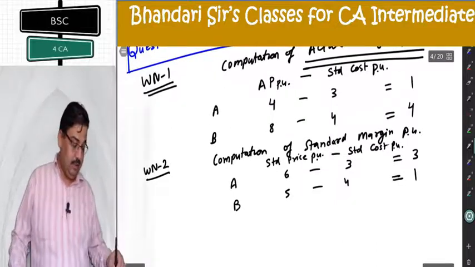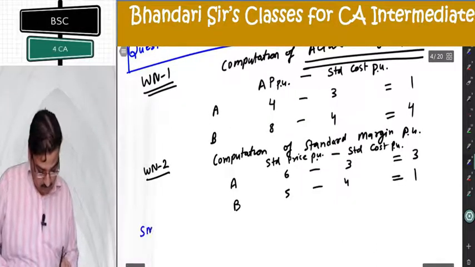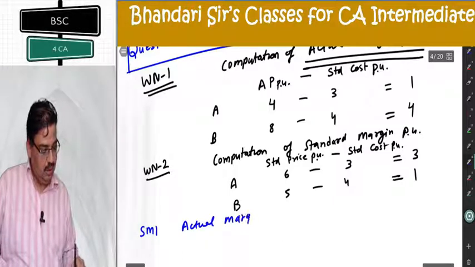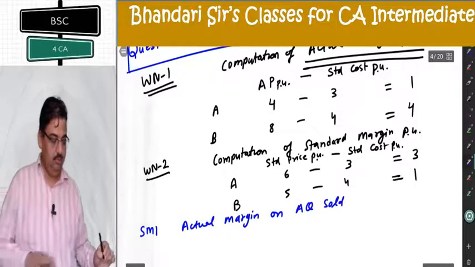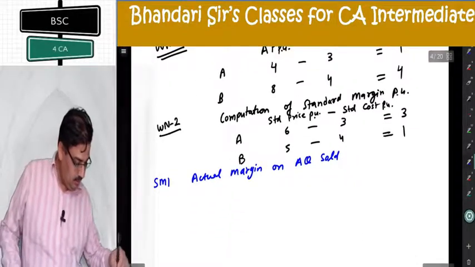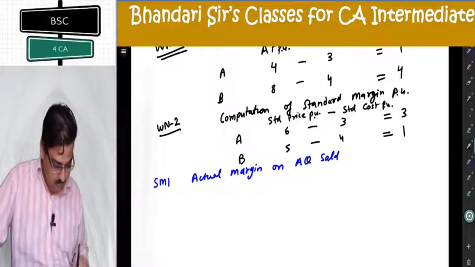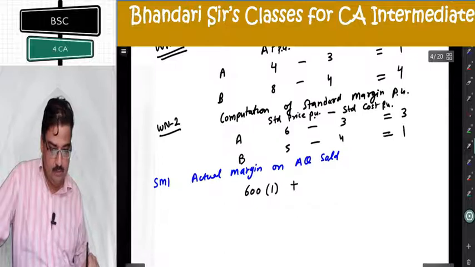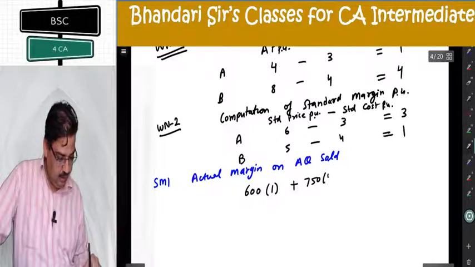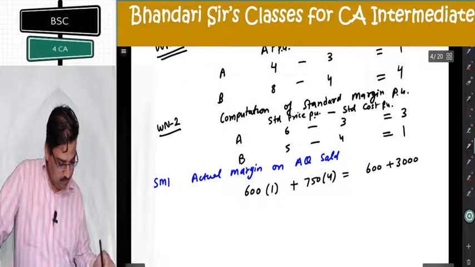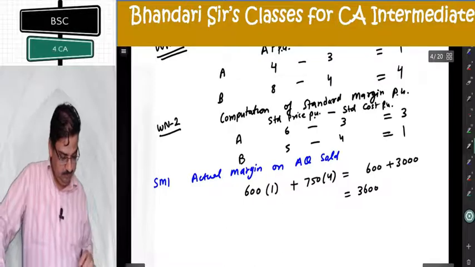Now I apply step by step. SM1, actual margin on actual quantity sold. 1 and 4 is the per unit margin. Actual quantity sold: 600 into 1 plus 750 into 4. 600 plus 3000, 3600.